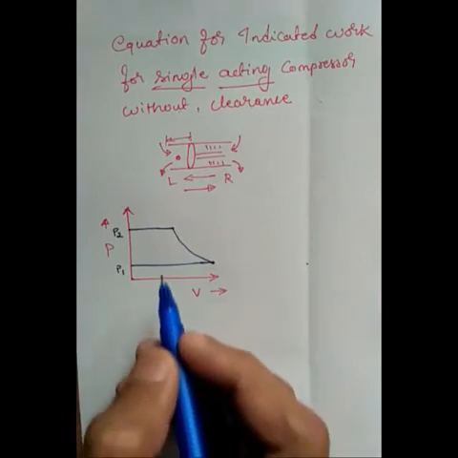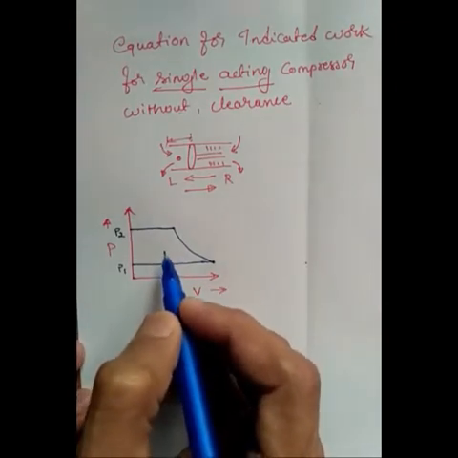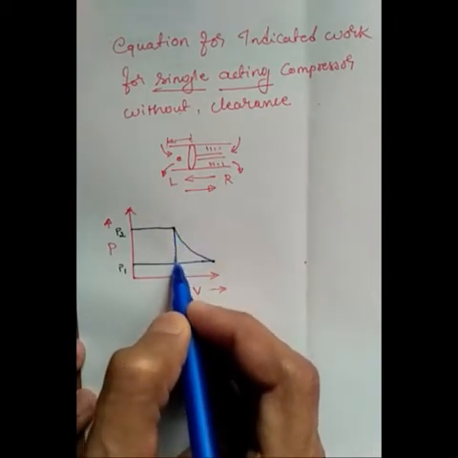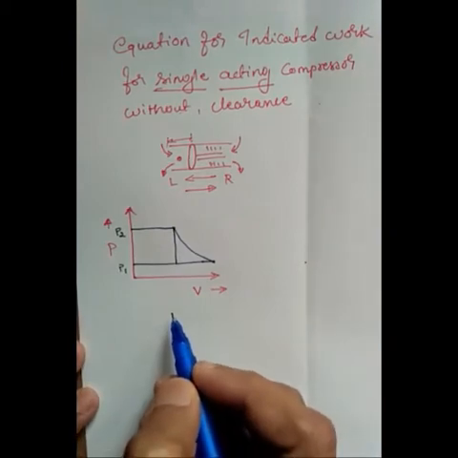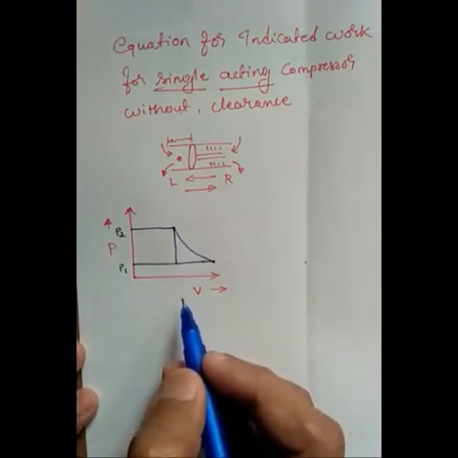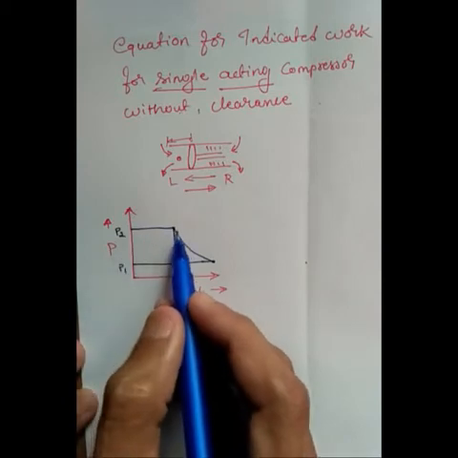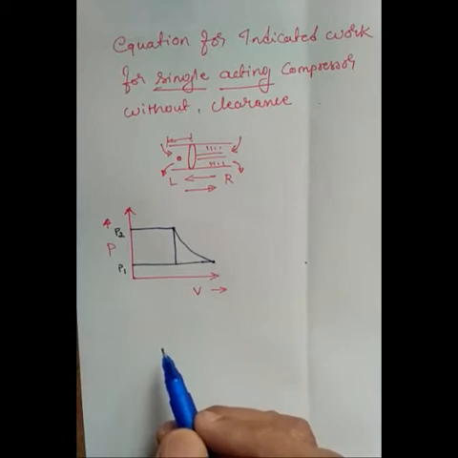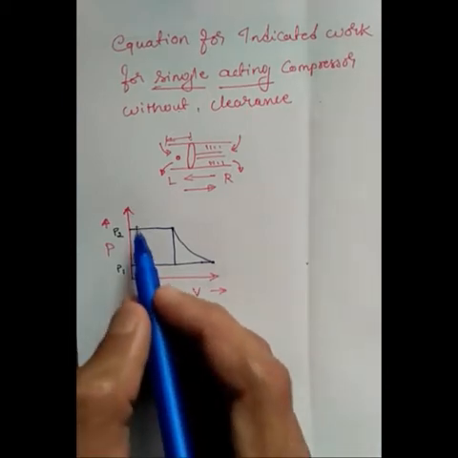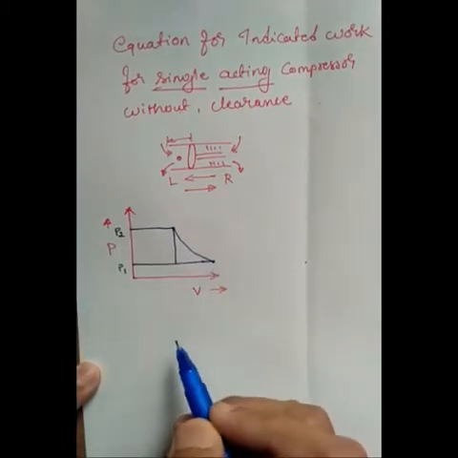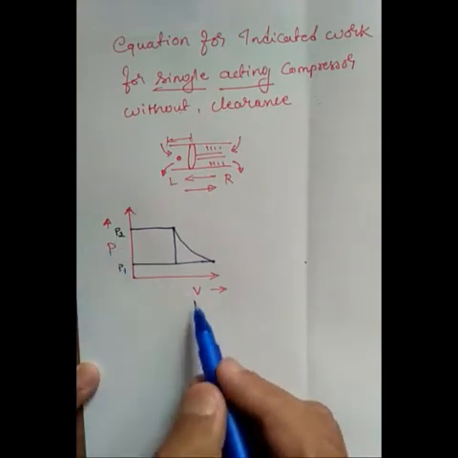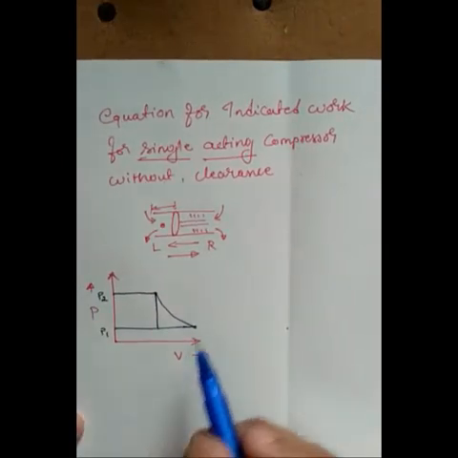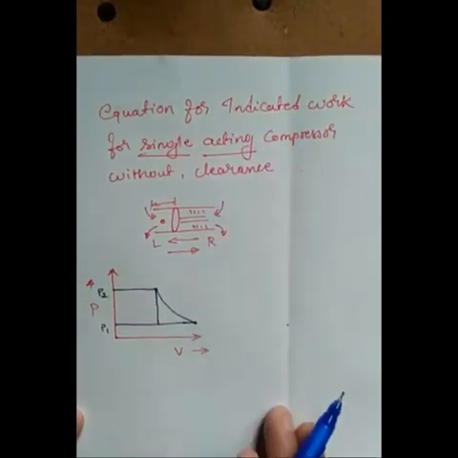So now this has three regions, and the area under this curve represents the work done by the compressor in the PV diagram. That is how we can find the indicated work.